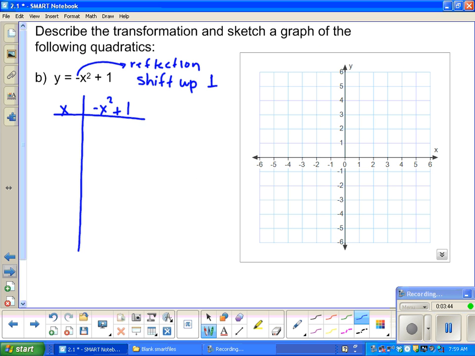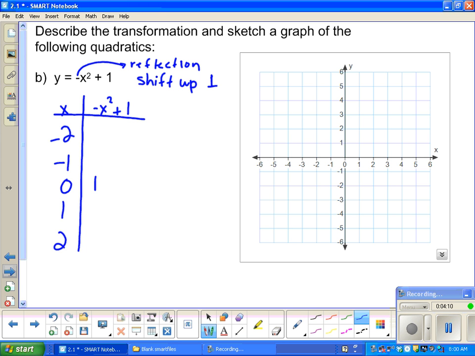Our vertex is going to shift up 1. It doesn't change the h, so the x stays at 0, but it shifts up 1. It's also going to be reflected, but we'll do that math in just a second. Again, 2 less than the vertex and 2 greater than the vertex. Now we do straight substitution.